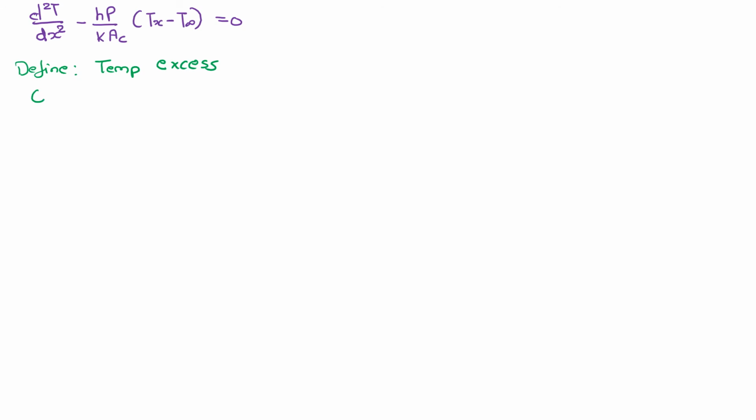We define theta of x as the temperature excess, which is nothing but the delta T that we have, that's T at x minus T at infinity. And this is nothing but the potential of the system to do heat transfer.